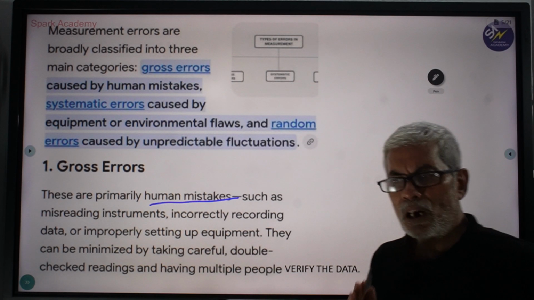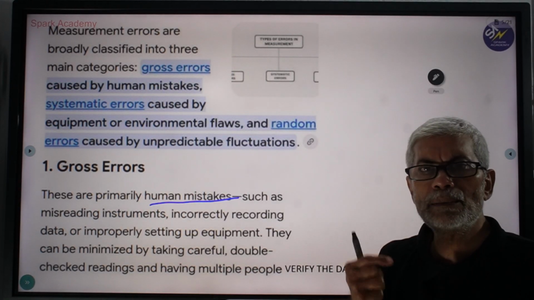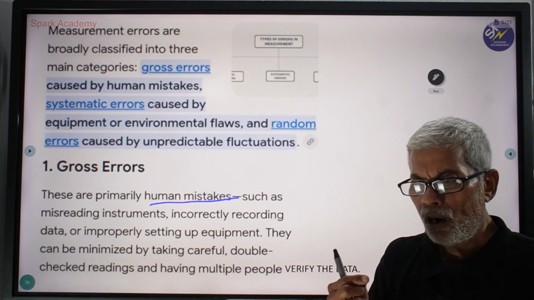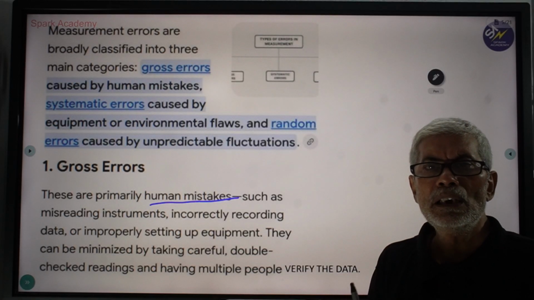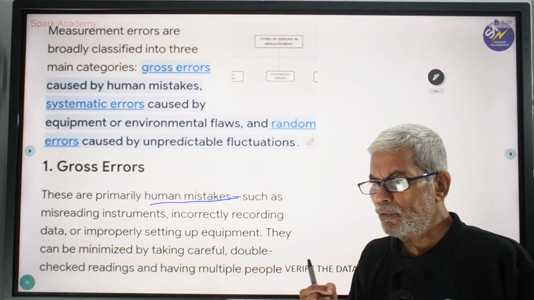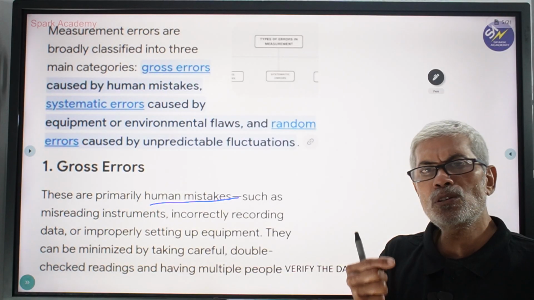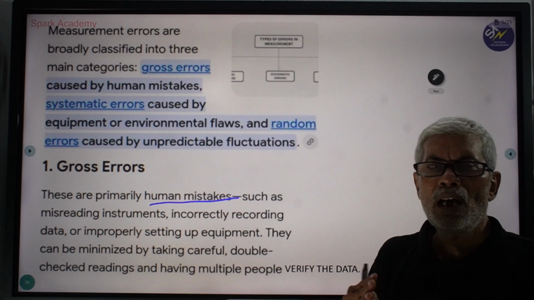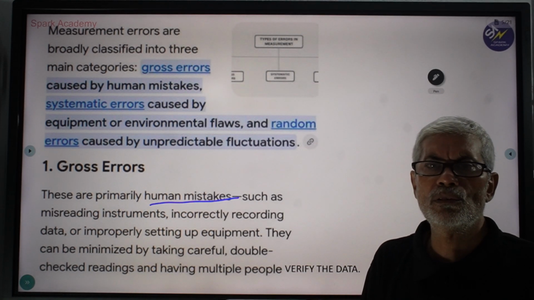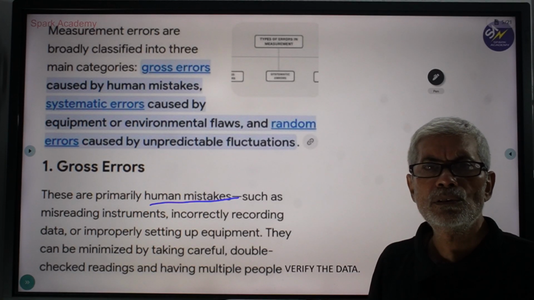You have to know whatever instrument, let it be vernier calipers, screw gauge, or spirometer, how to do measurements with these small instruments. You have to know how to find out the least count. Least count differs from apparatus to apparatus. For the same apparatus, suppose a screw gauge, I can have 2-3 different types having different least counts.